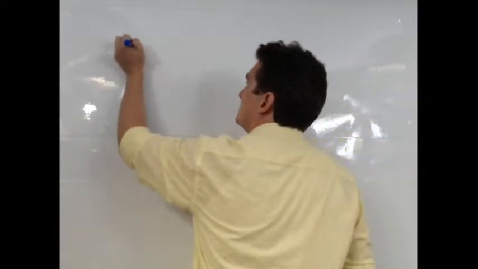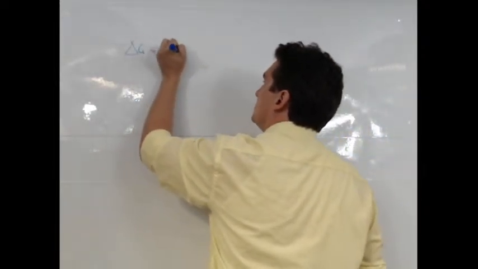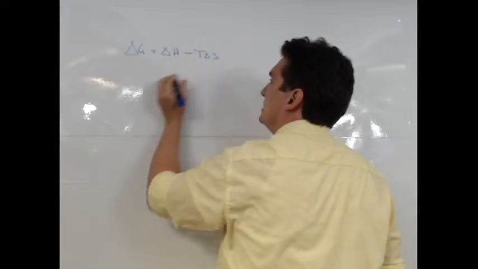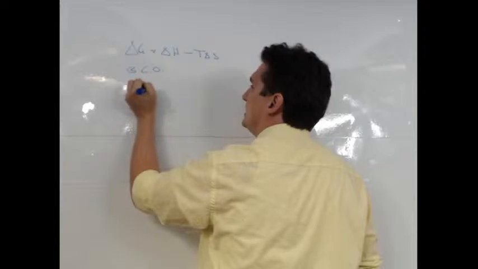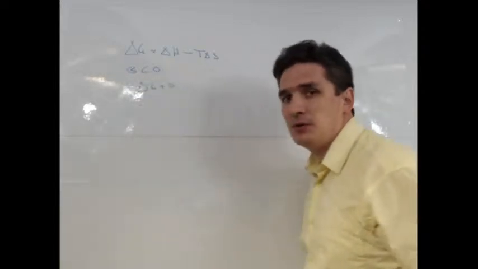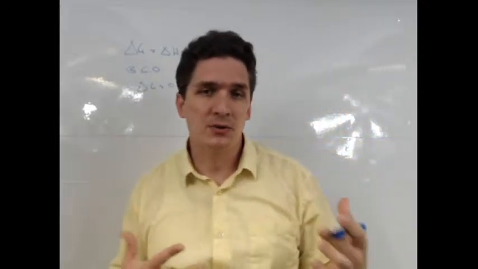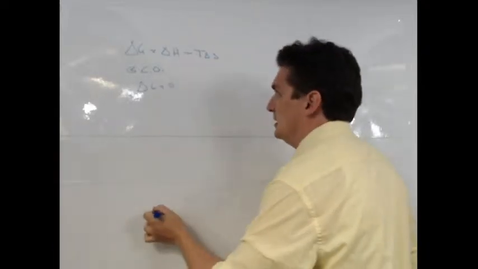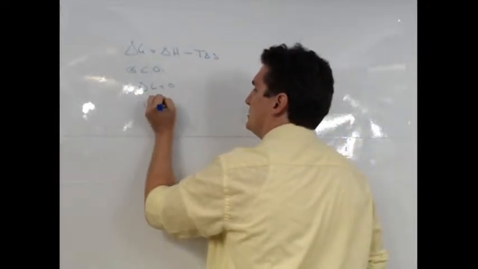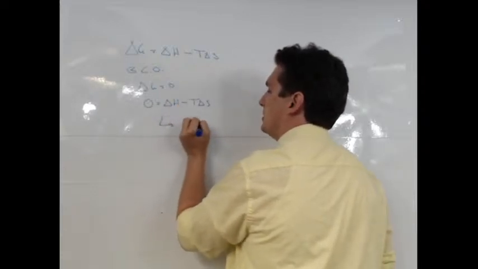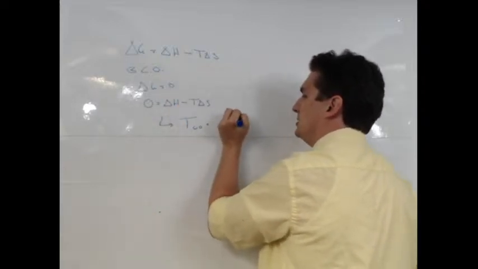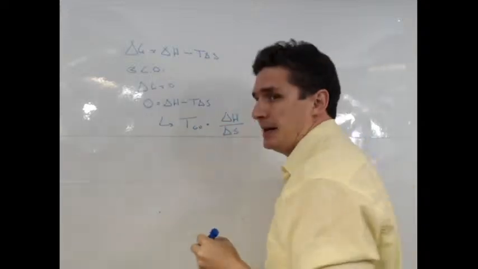So our relationship is delta G equals delta H minus T delta S. So at the crossover temperature, delta G is 0, meaning that we're neither favoring nor not favoring this reaction. So we rearrange, we get 0 equals delta H minus T delta S, or the T at the crossover temperature is just delta H over delta S.